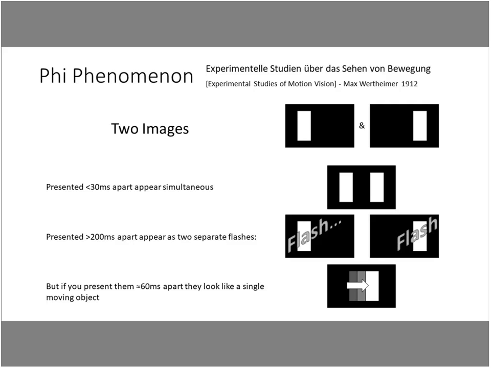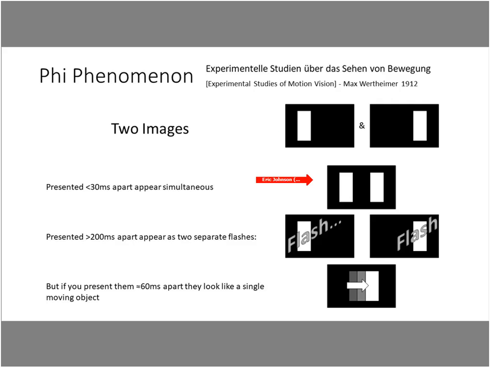But what Wertheimer et al. realized was that if you take two images that look like this, an image presented on the right side of the visual field and then one slightly to the left of it, and you flash those using the technology that was available in 1912, if you flashed the two, just a brief flash, and you presented them 30 milliseconds apart, it looked like a simultaneous flash. It looked like you were getting two things at the same time.